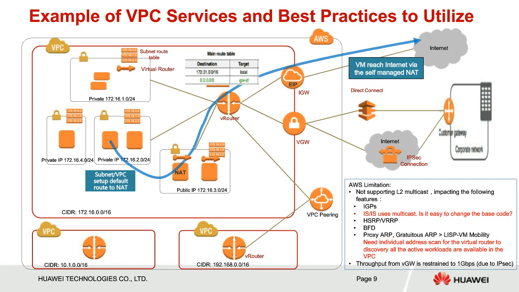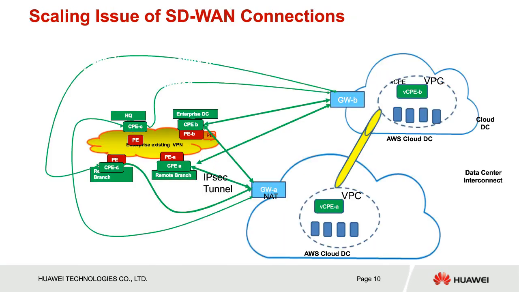Then let's look at some of the issues with this approach. First of all, if you want to use IPsec connectivity to the virtual gateway, there's a huge limitation. Because of the high computation power required to process an IPsec tunnel, there's a limit of, for example, 1 gigabit on the bandwidth.